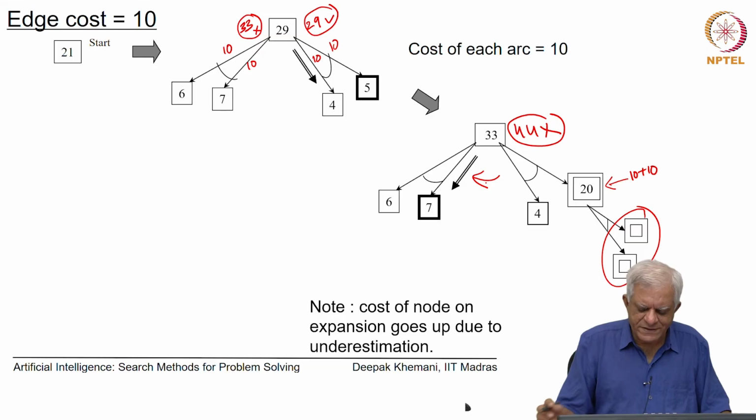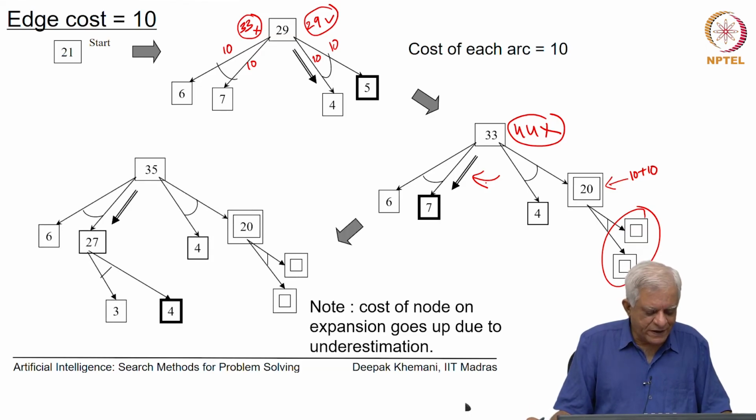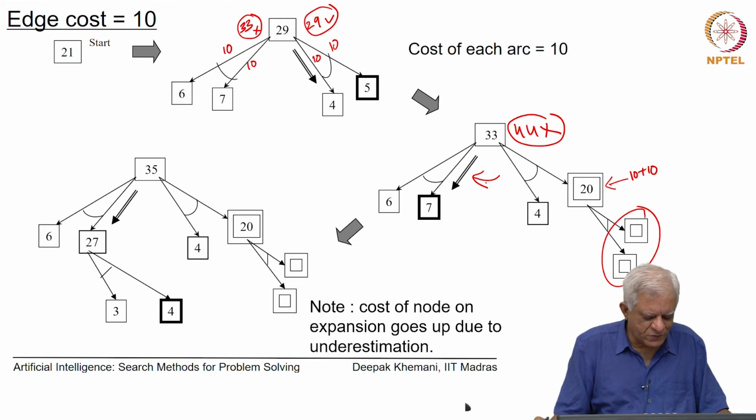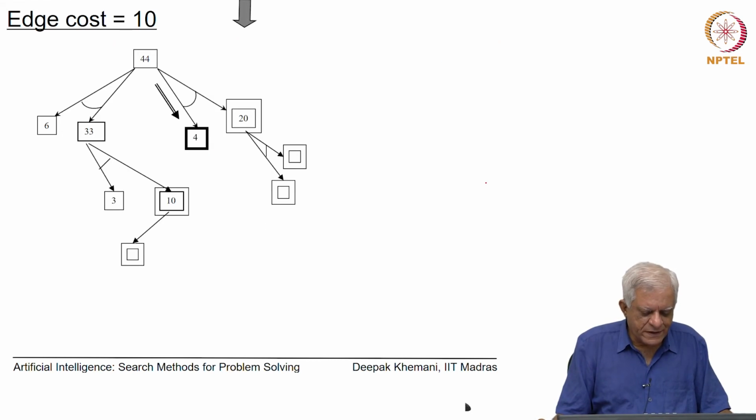So, you refine this node with a value 7, and you find that even that has gone up, but in this example it has only one choice. So, there are two nodes left, 3 and 4. So, let us say it picks the node 4 and refines that.